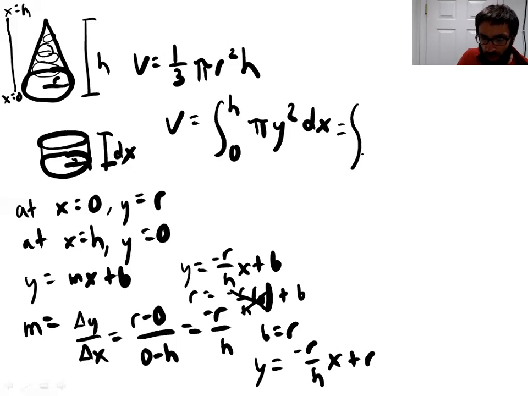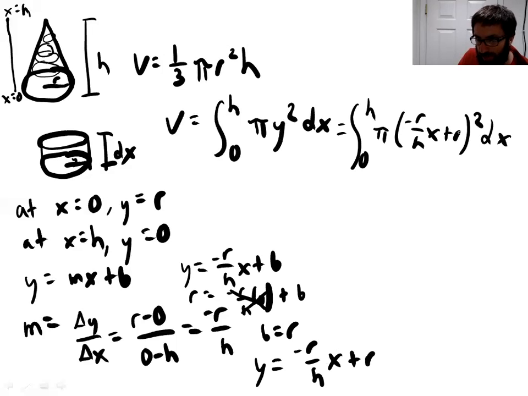And so we're going to get the integral from 0 to h of pi y squared, where y was negative r over h x plus r, squared, dx. Now we can expand this out a little bit. We have a constant pi in the front, so I'm going to put that in front of the integral; constants you can put out in the front. We're going to have negative r over h x times itself squared as our first term when we expand this.